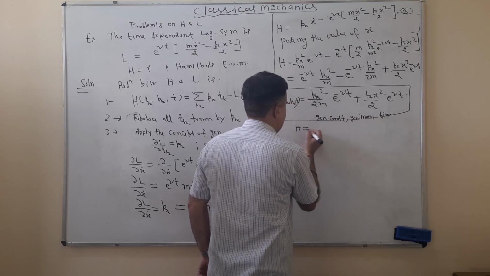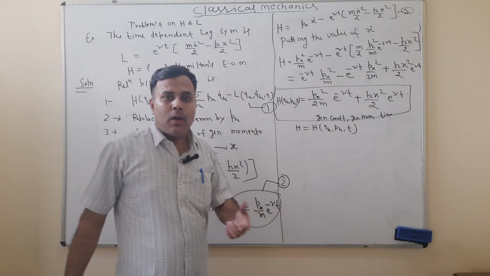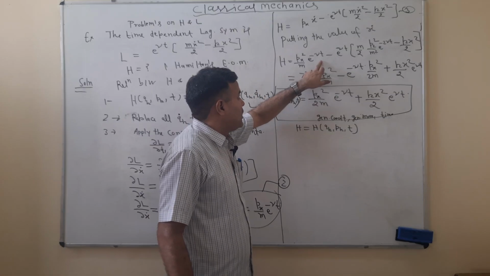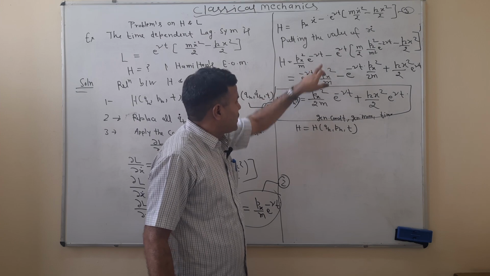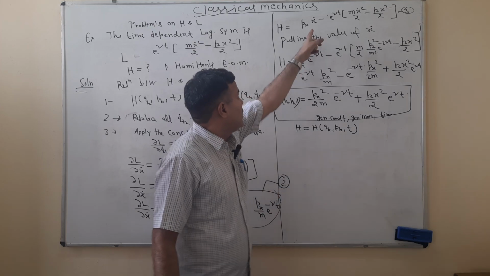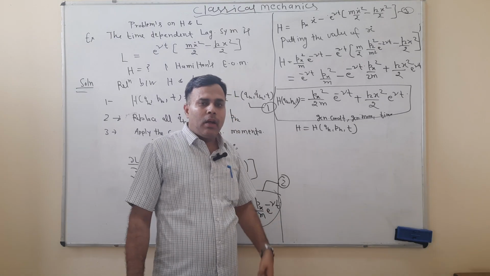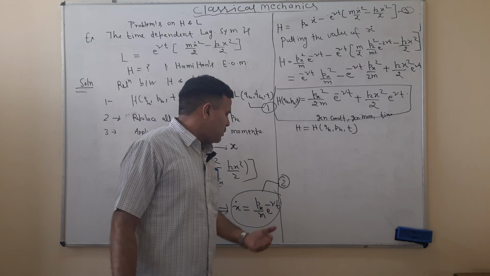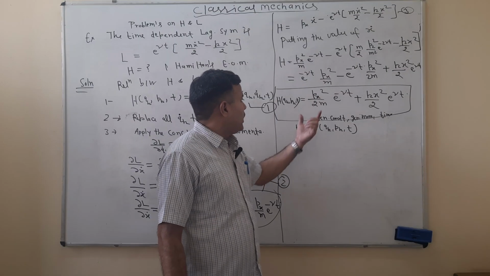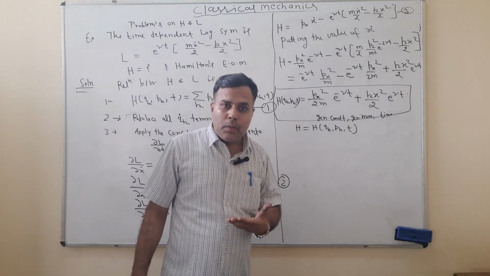Otherwise, the earlier one is not the correct expression of H, mind it, because H is only a function of generalized coordinate, generalized momenta and time, but there we have a generalized velocity term. So we have to replace every qk dot term, every generalized velocity term, by generalized momenta using the concept of del L upon del qk dot equal to pk. So this is the way to find the Hamiltonian expression for a given time dependent Lagrangian.